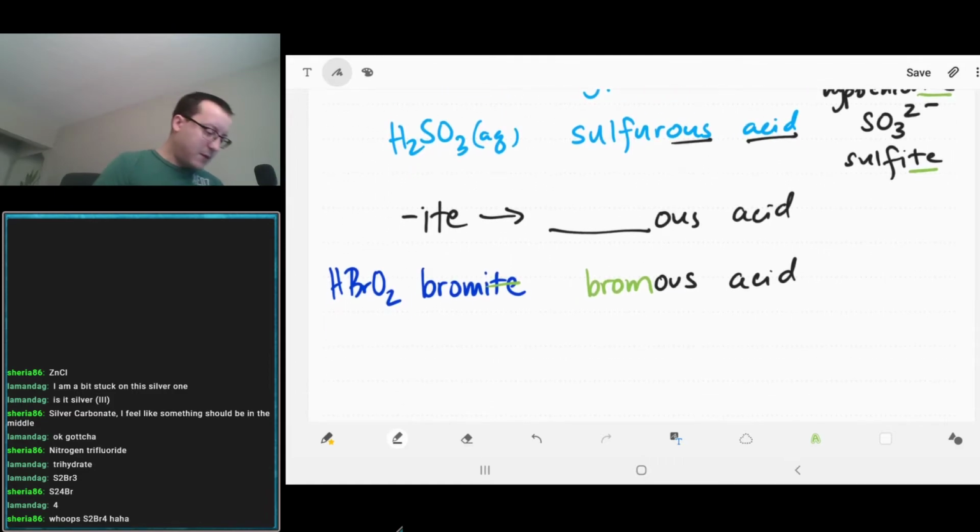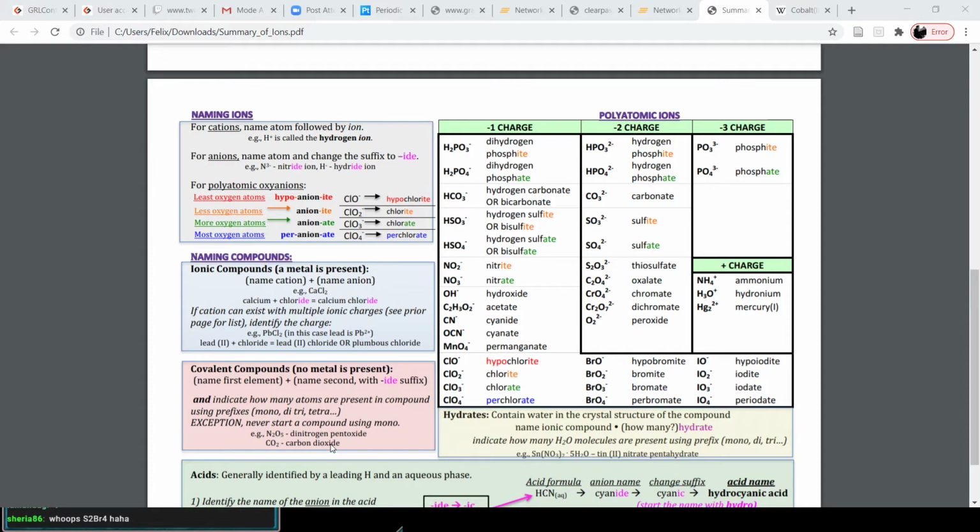What other ite-ending ones did we have on our list? Phosphite, I guess. I don't want to do phosphite yet. Have we already done them all?